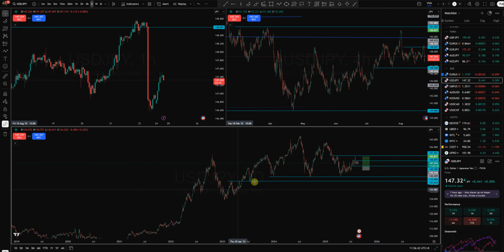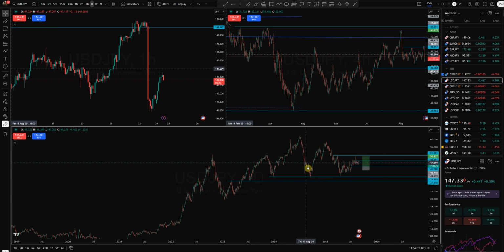Because right here, high, high, high, high, very clear uptrend. However, boom, all the way it comes down to here. Is it a downtrend? No, it's not a downtrend yet. We can only say it's neutral, which is a range. At this moment, we trade a range.